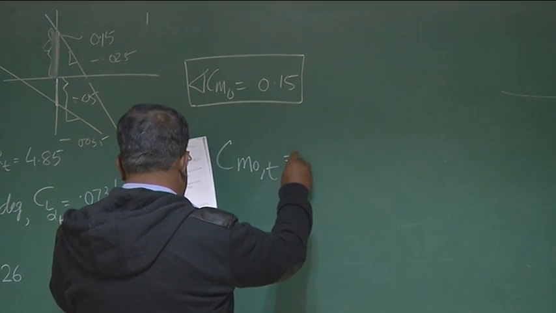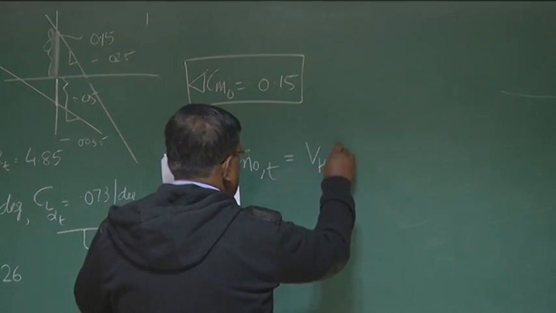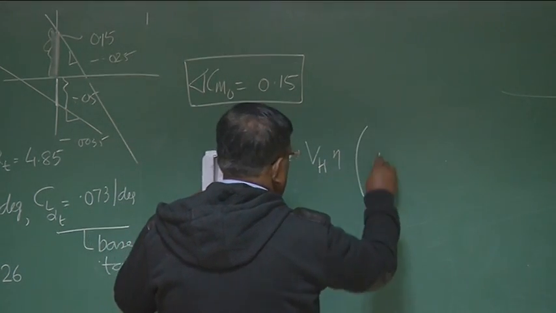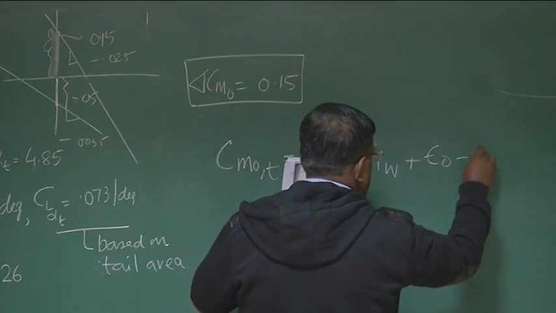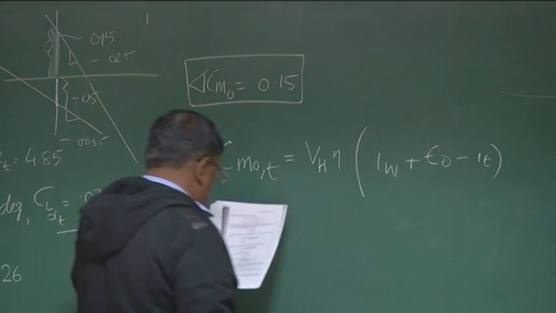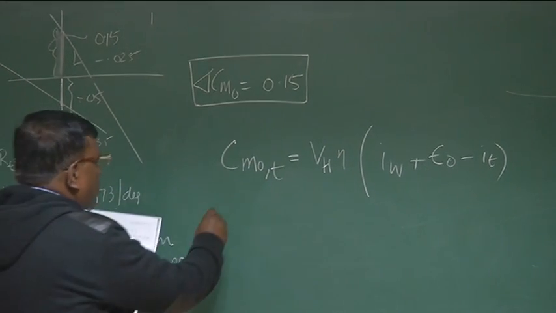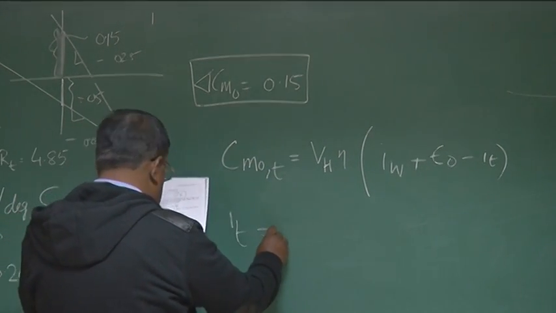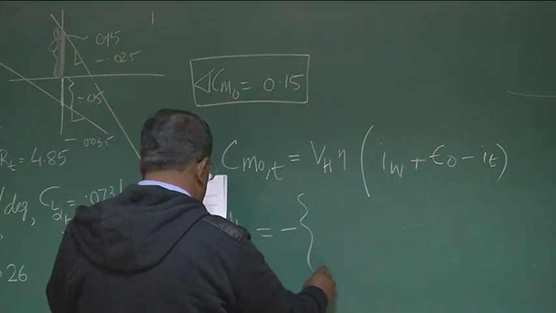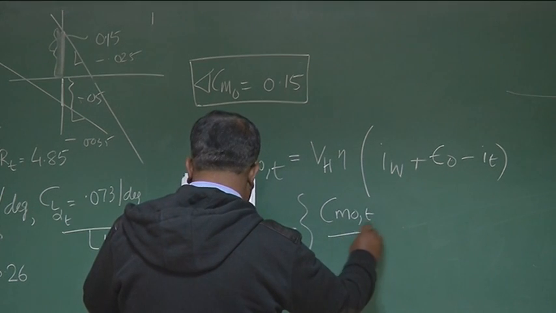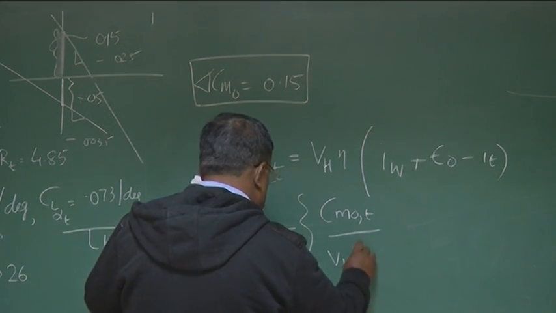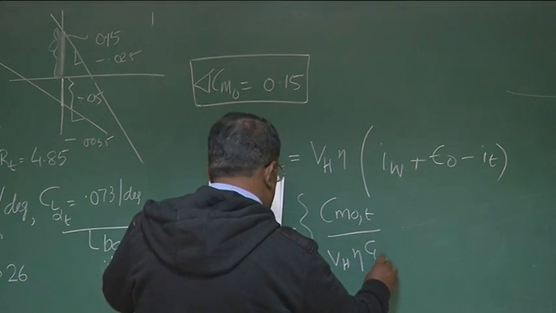Cm0 tail equal to Vh eta (Iw plus epsilon naught minus It), right? So It equal to minus Cm naught tail by Vh eta Cl alpha tail.